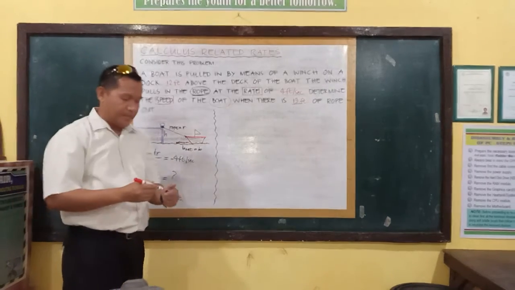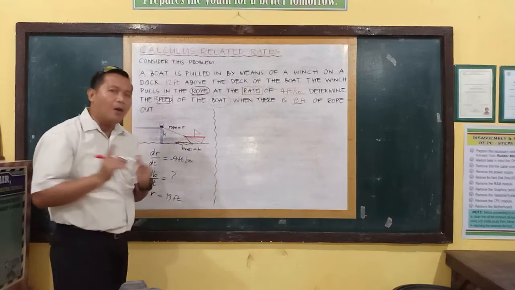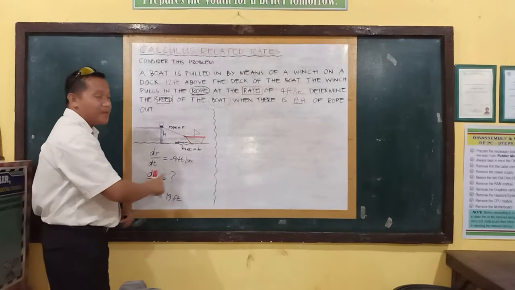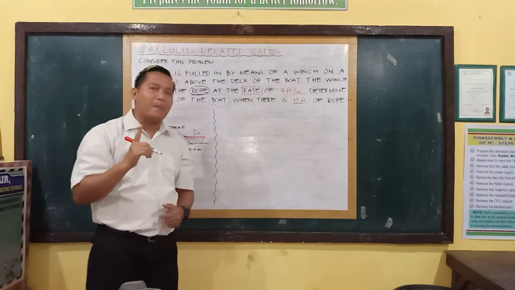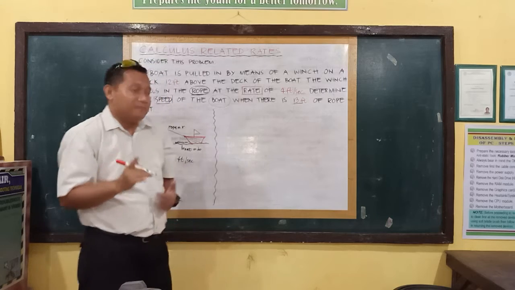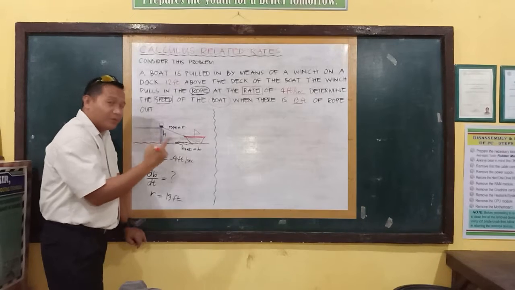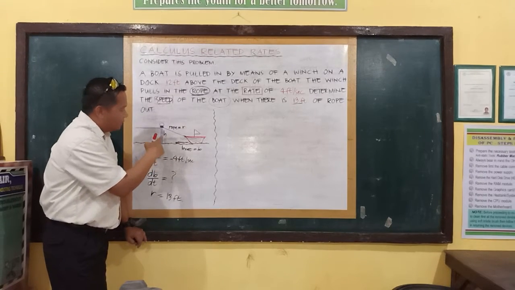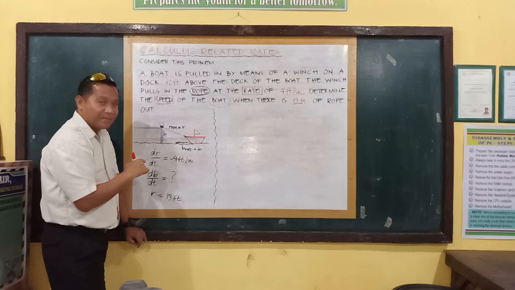Okay, now the question is, how are we going to relate all of these ideas into one equation? Well, we see a triangle here. It's going back to our representation a while ago. Obviously, we see a triangle, right?